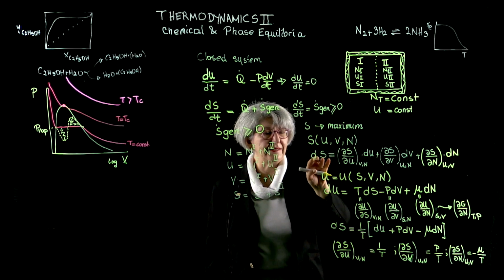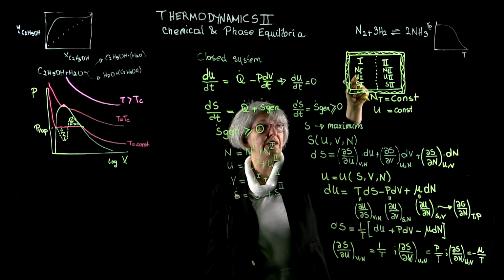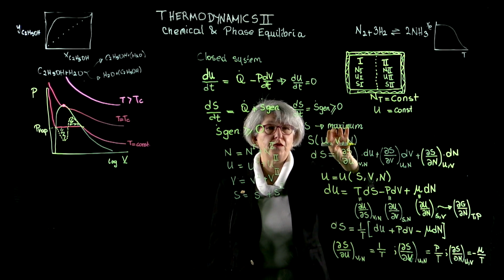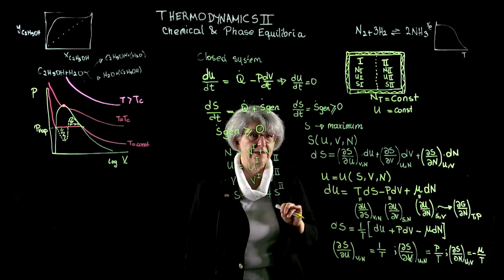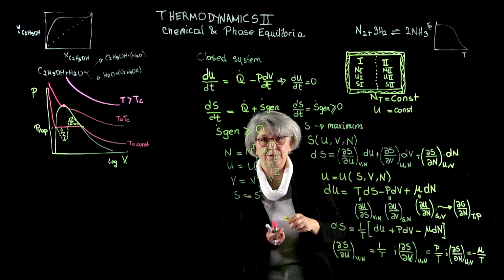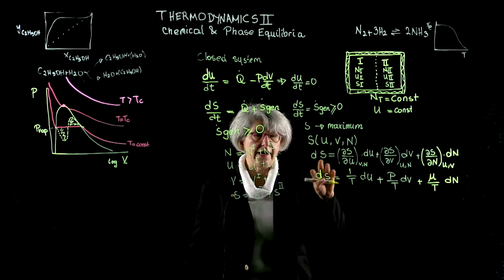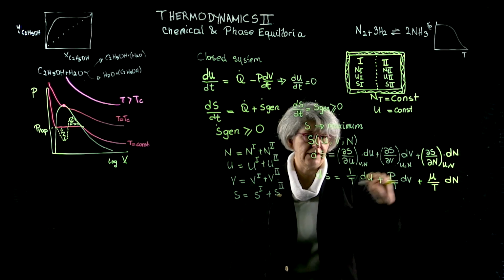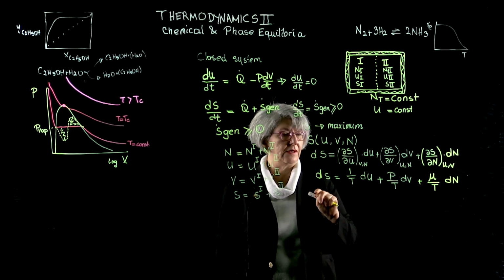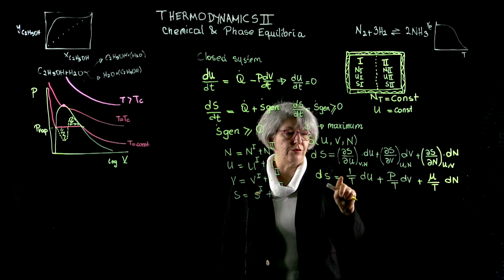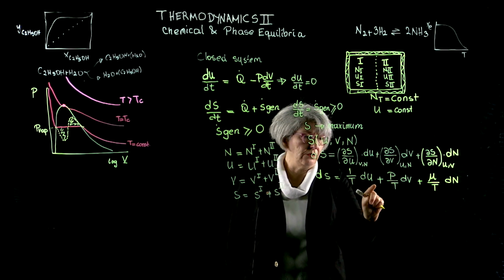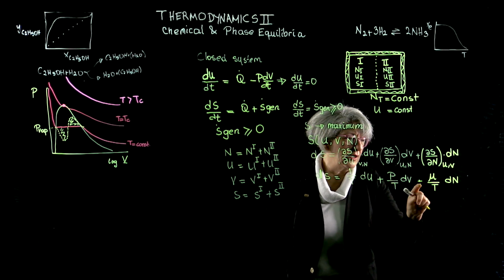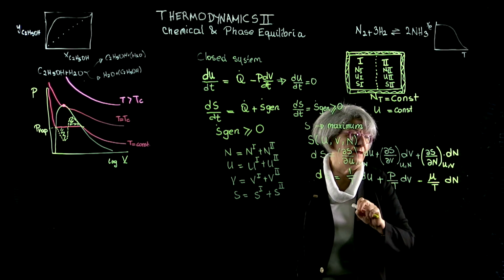We're going to write this expression for domain 1 and domain 2, and look for where it is a maximum. Combining what we derived, ds is equal to 1 over T dU, P over T dV, minus mu over T dN.